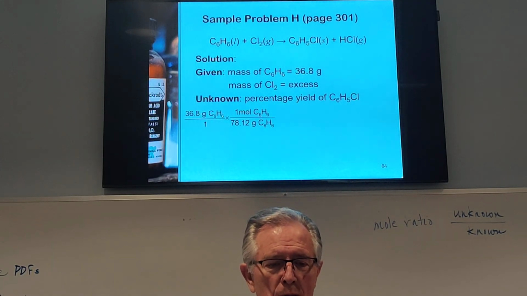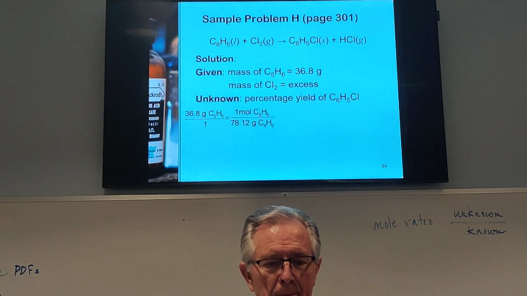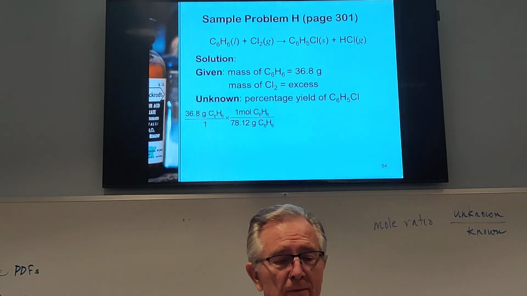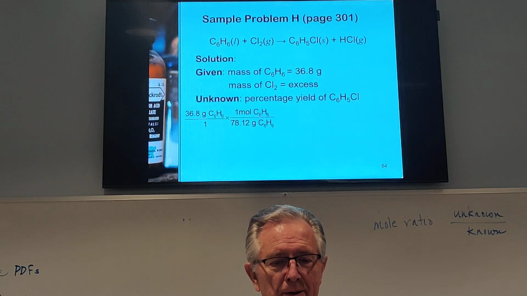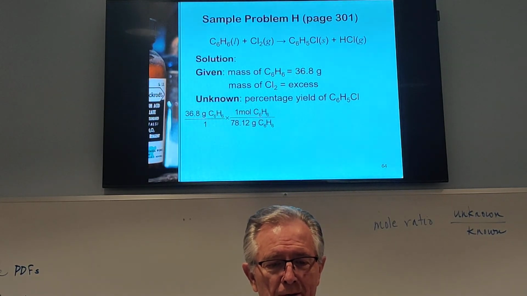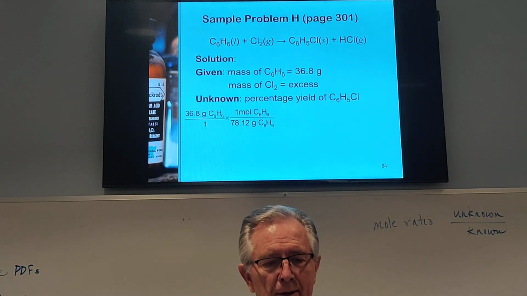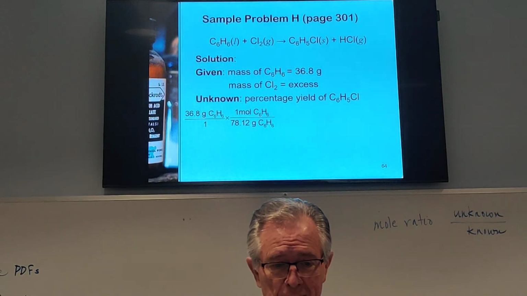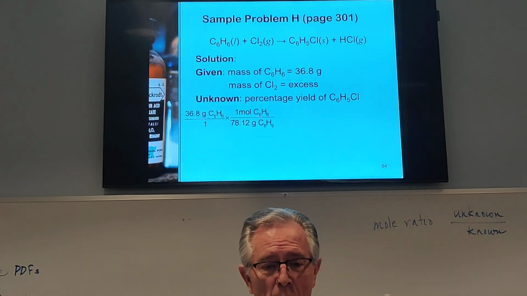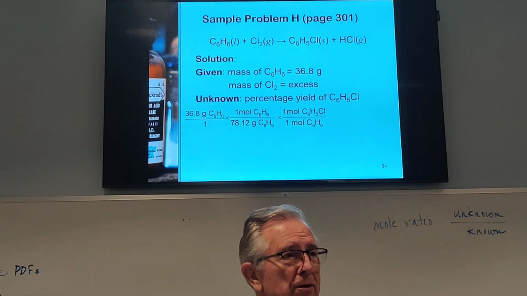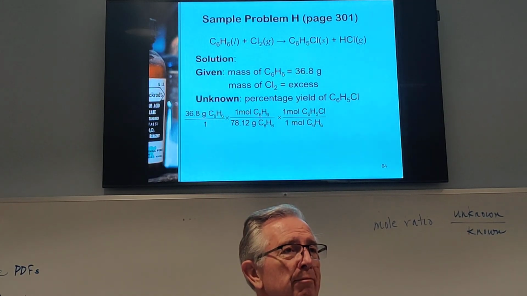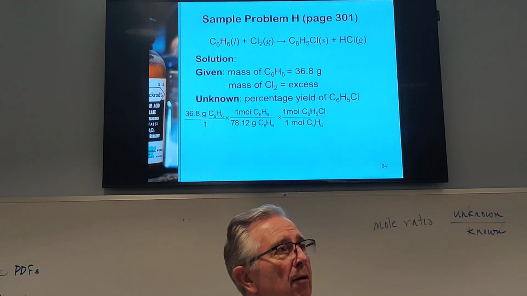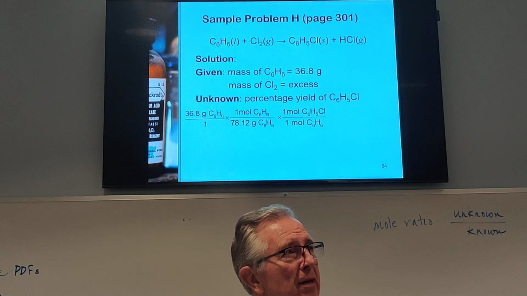My unknown is the chlorobenzene that I'm trying to find out. That goes on the top, and there's a coefficient of 1 in front of that. And what they gave us was just regular benzene, and there's a 1 in front of that. So my mole ratio is just 1 over 1. Now I'm in moles of chlorobenzene.